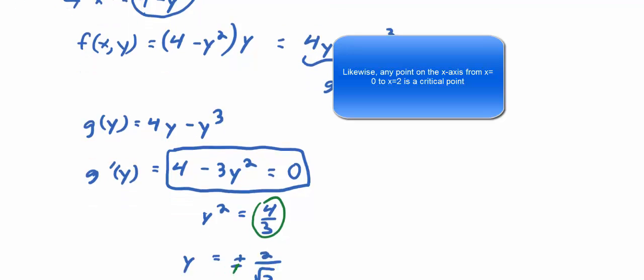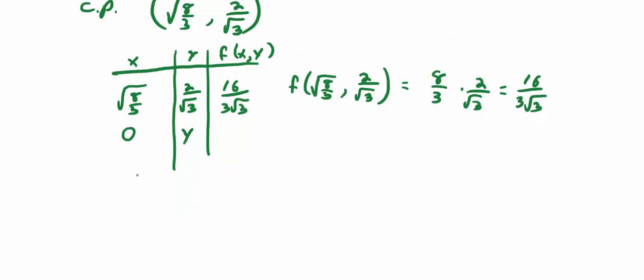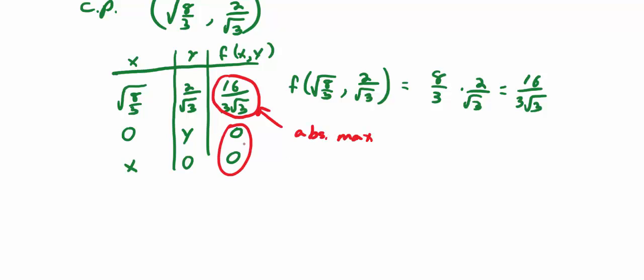So it's pretty clear then that if x is 0 and y is some number between 0 and 2, and vice versa, if we have some value between 0 and 2 for x and 0 for y, we get a function value of 0 there. So this guy would be our absolute maximum on the region, and 0 would be the absolute minimum.